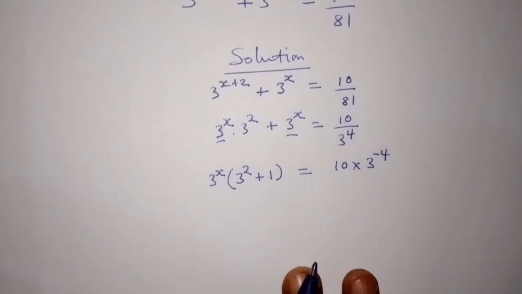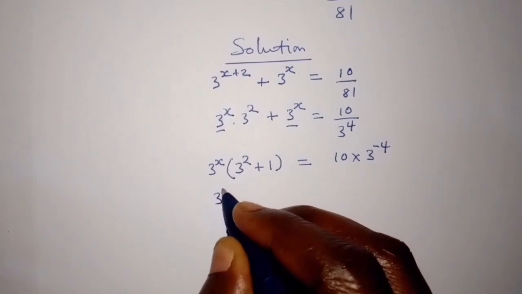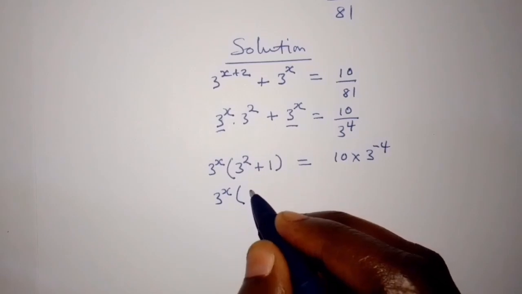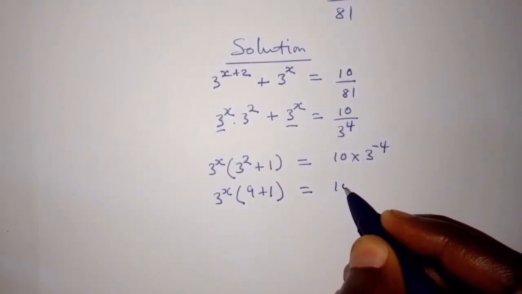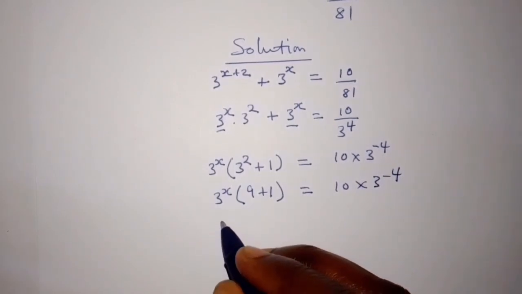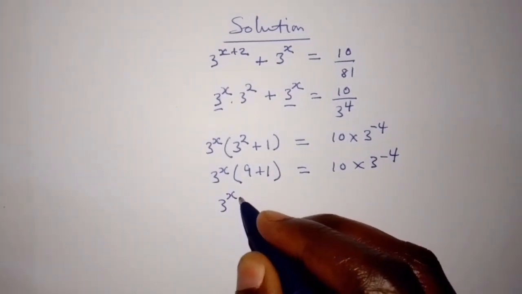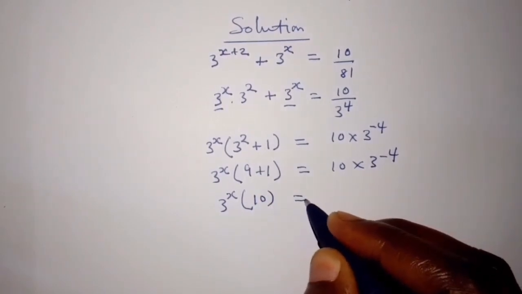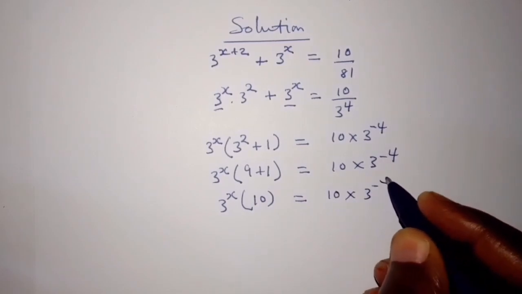Then now here we have 3 power x into bracket 3 squared is 9 plus 1 is equal to 10 times 3 power negative 4. 3 power x into bracket 9 plus 1 is 10 is equal to 10 times 3 power negative 4.